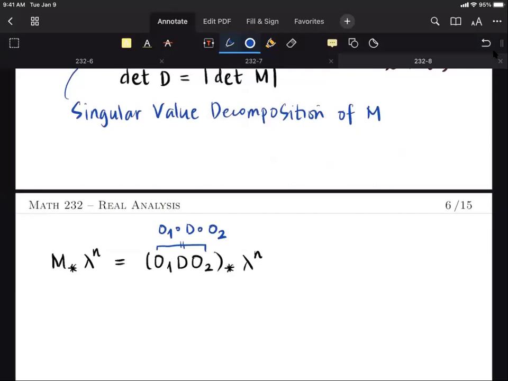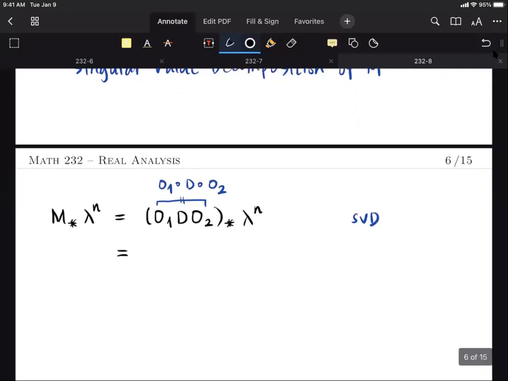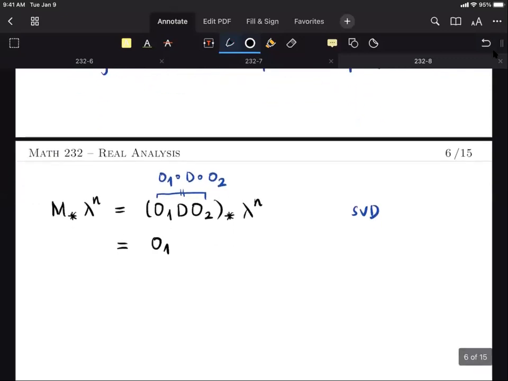And so here we applied SVD. Now applying our result on the transitivity of image measure, we can distribute the subscript star to obtain the following equation.